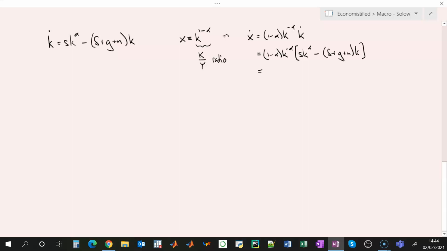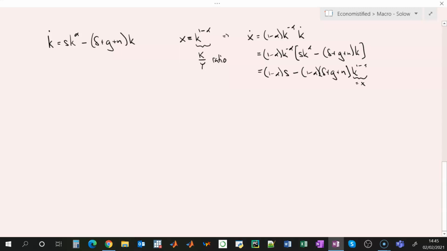And now we can cancel a lot of stuff here. So we get 1 minus alpha times s, but the k to the minus alpha and the k to the alpha just cancel. Minus this term here. And now we get k to the 1 minus alpha, but this is, of course, how we defined x. So now we've derived a linear differential equation in terms of x, which is the capital output ratio.